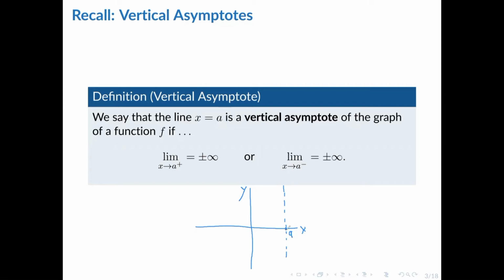So as x approaches a from the left, the value of the function approaches positive infinity. That's just one case. So you can consider this line x is equal to a as a vertical asymptote.